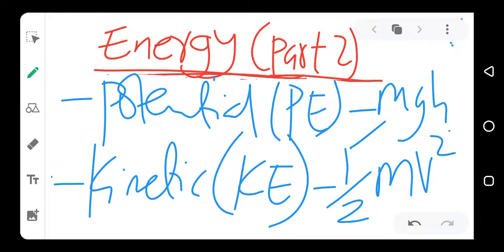Velocity is the same thing as the speed of the object. So if they call it velocity, fine. If they say that it is speed, you know that they are talking about the same thing.